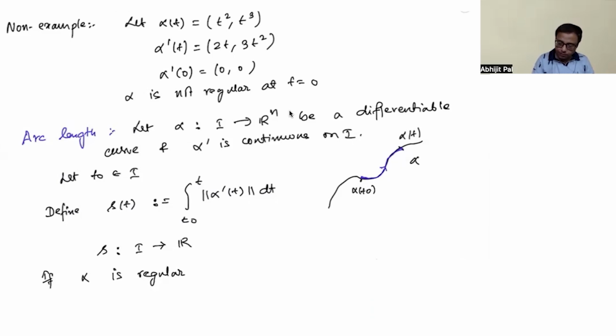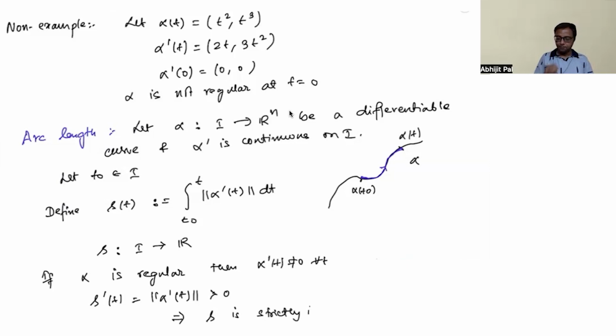Let me write down: if alpha is regular, then alpha prime t is not equal to 0 for all t. If I take the derivative of s, s prime t is equal to the norm of alpha prime t, which is always greater than 0. This implies that s is a strictly increasing function.